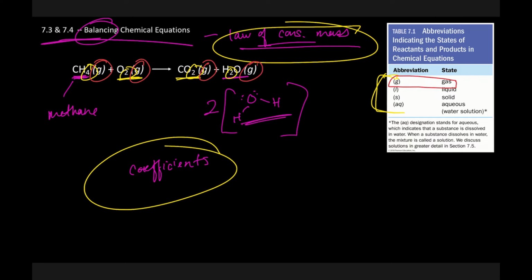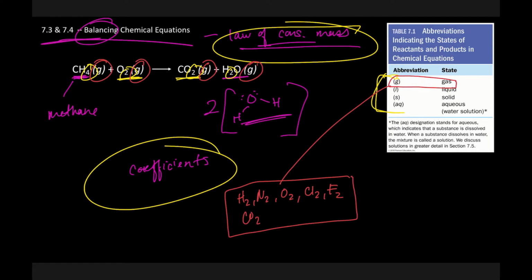Things that you should know are gases at room temperature, for example, are H2, N2, O2, Cl2, F2. And obviously there's carbon dioxide, which I feel like you should know. These things are all gases at room temperature, which means that when you're writing an equation, they will get that G next to them to indicate that they are gases.